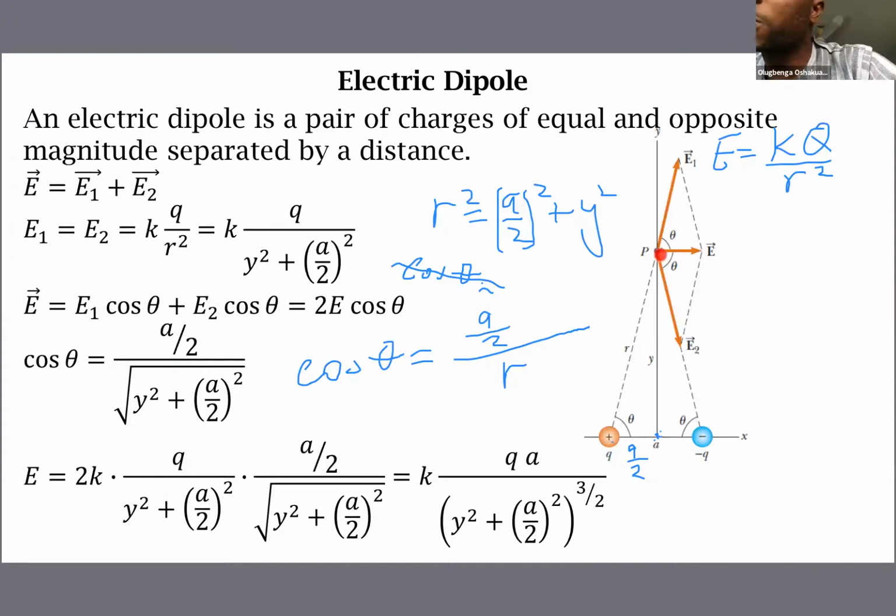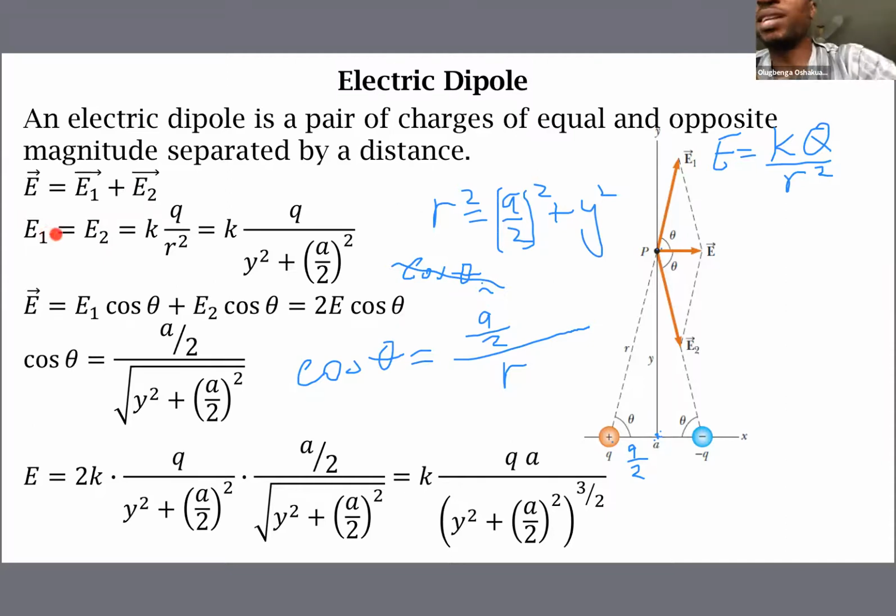The distance between our point P to this charge Q is R. The distance between this point P to minus Q is also R. So when we are trying to calculate the electric field E1 or E2, we should use the same R. And when we are talking about the charge, they both have the same magnitude. So we should expect that in this scenario, E1 will be equal to E2.